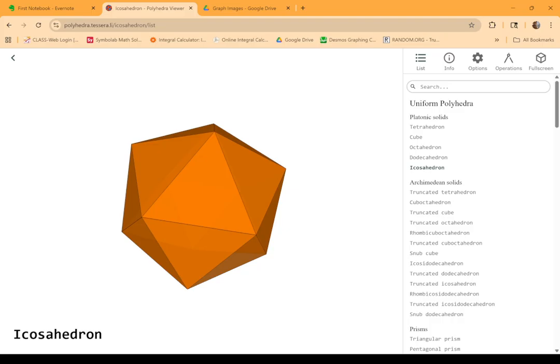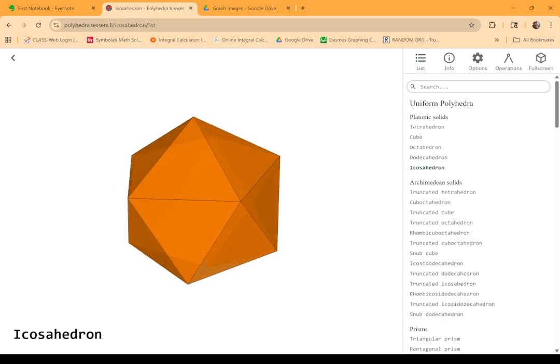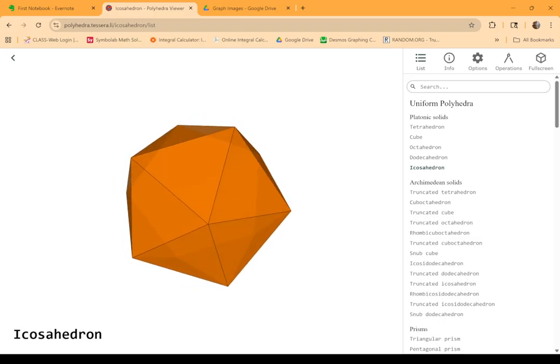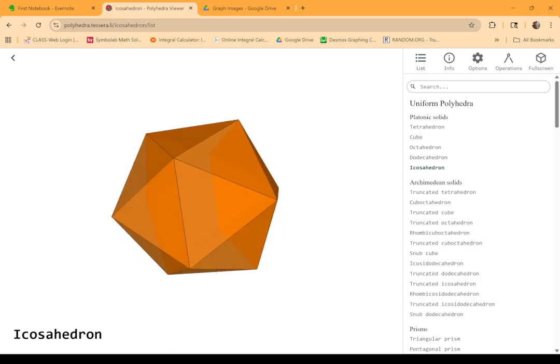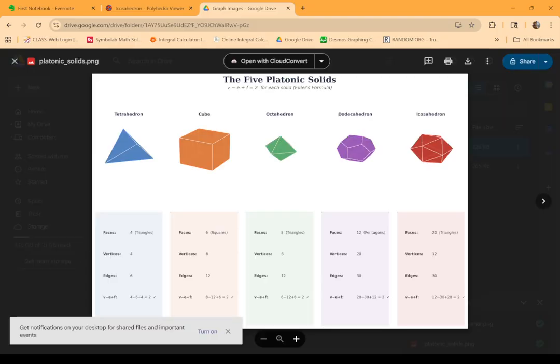So that's one thing to keep in mind. Another way to think about convex is that the angle at which these faces meet has to be less than 180.